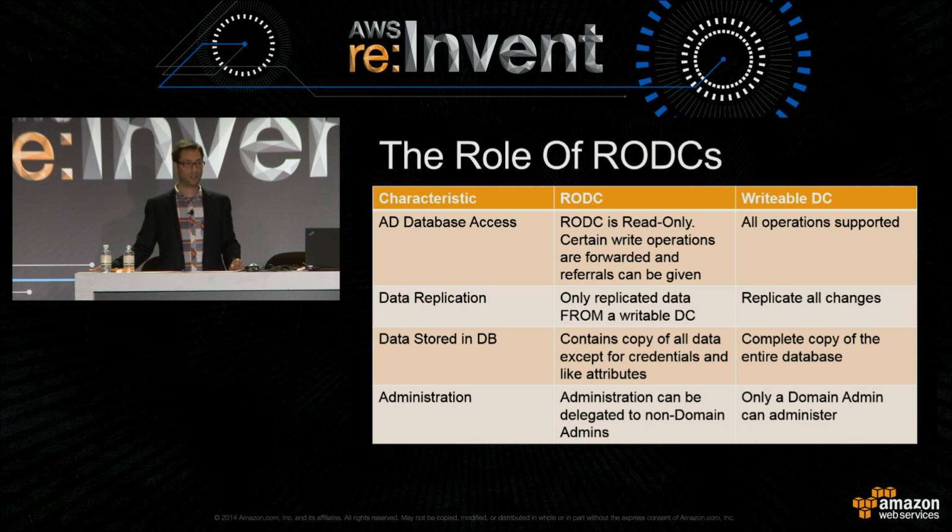They will always traverse the link and go find a writable domain controller somewhere else. There would have been no reason to use an RODC there at all. Now, you can, by choice, forward cache credentials in an RODC, but if you've done that, why do you have an RODC to begin with? So my takeaway is it's probably not worth using RODCs in an AWS world.